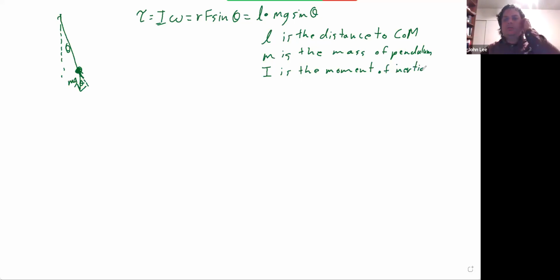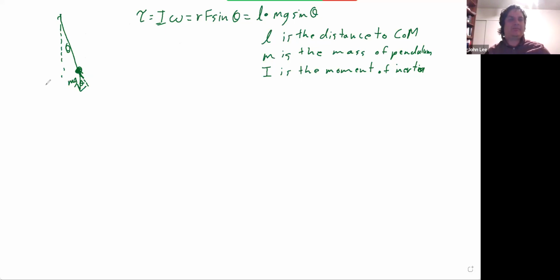So we can define a simple pendulum as basically just being a massless rope with a big mass at the end, which is what we see for grandfather clocks. Or we can derive it.